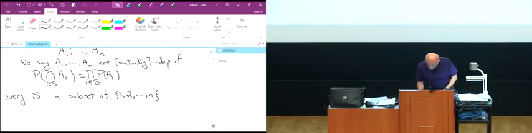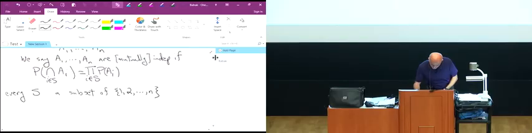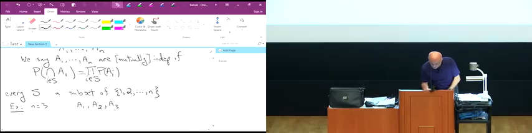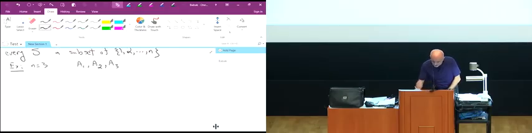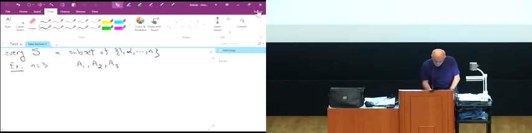Let's do it actually for the case 3. So here's an example. N equals 3. So I've got 3 events, A1, A2, and A3. A1, A2, and A3 are independent if the probability of A1 and A2 is equal to what?